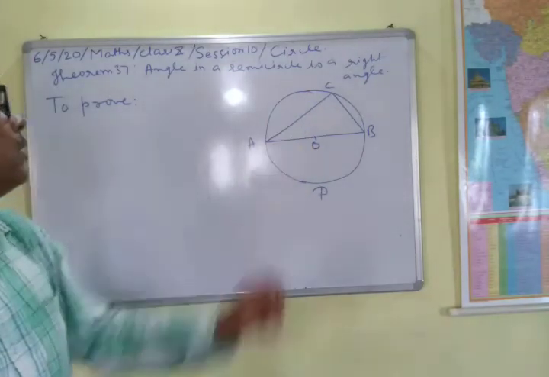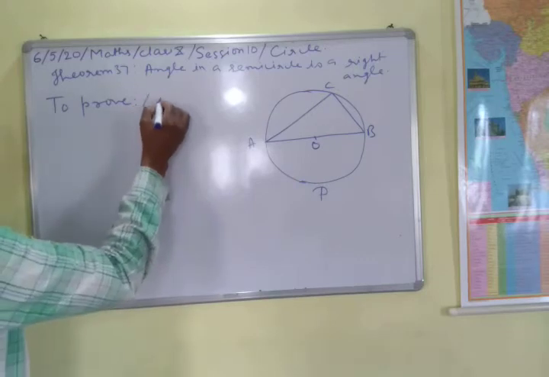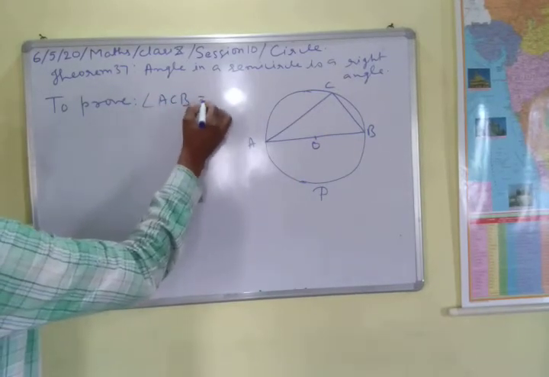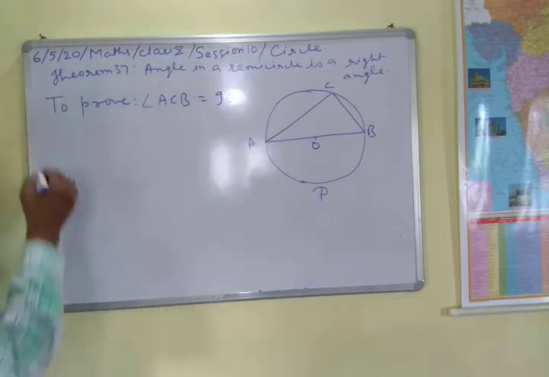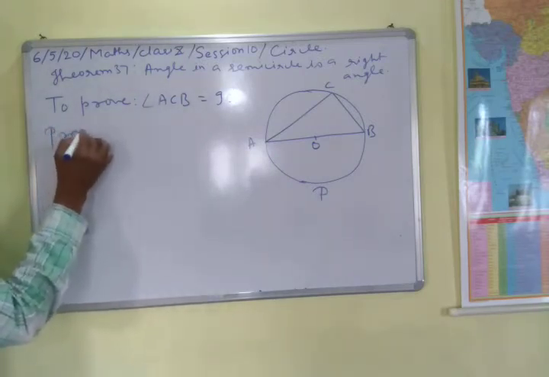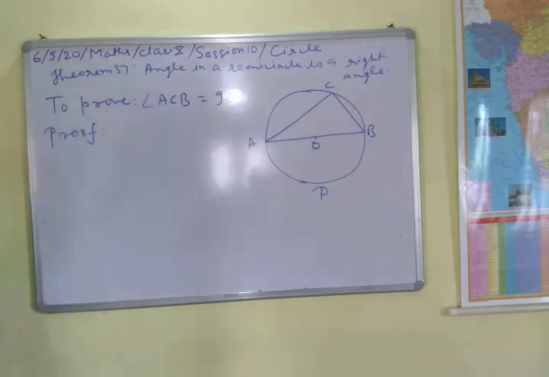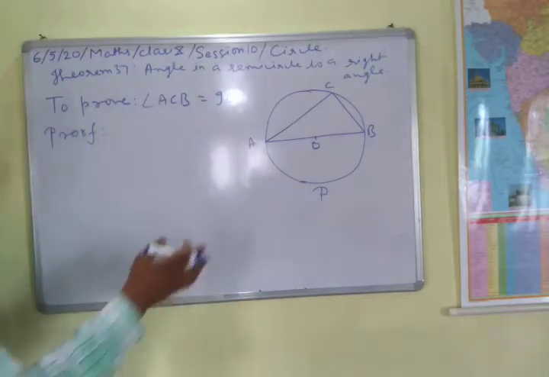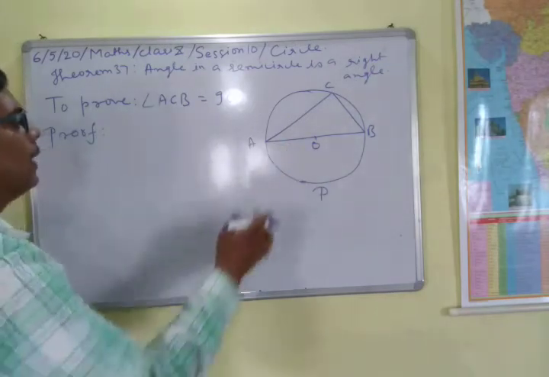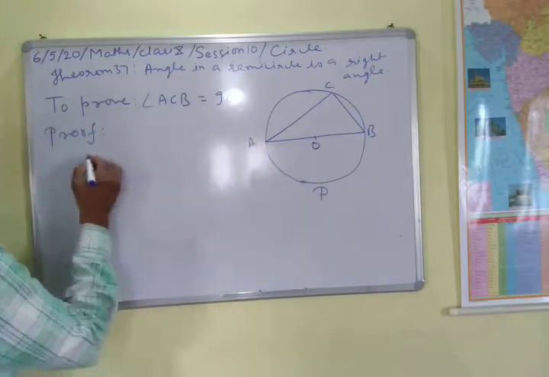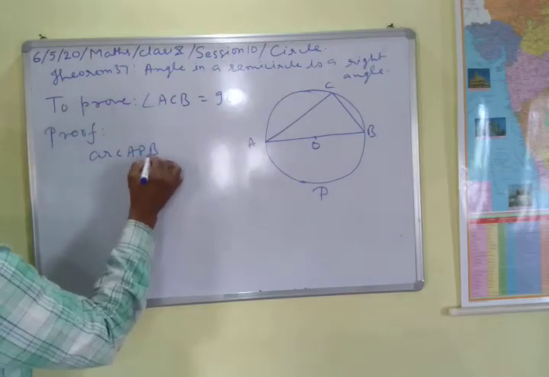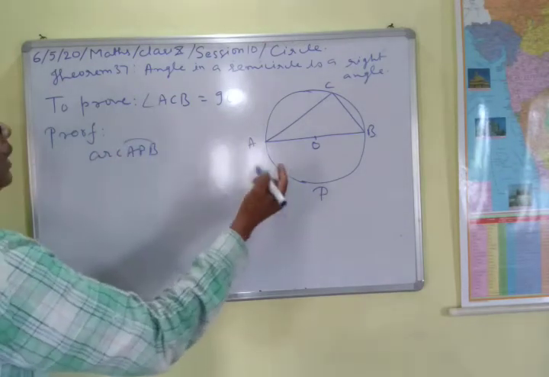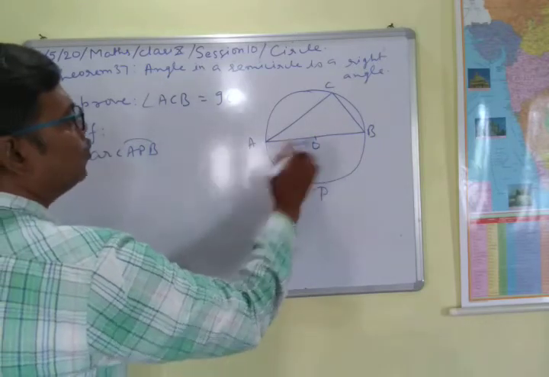So we have to prove that angle ACB equals 90 degrees. How will you prove it? The proof will be: the arc APB subtends angle AOB at the center.